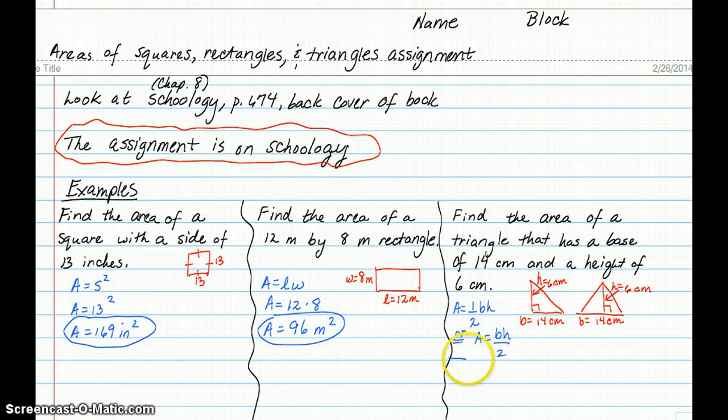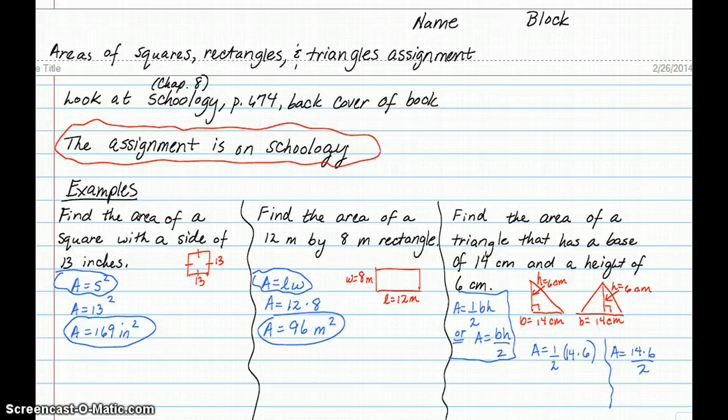I have a lot of students that use that instead of using the 1/2 base times height. Okay, so we're going to have A equals 1/2 14 times 6, or we could have A equals 14 times 6 divided by 2.